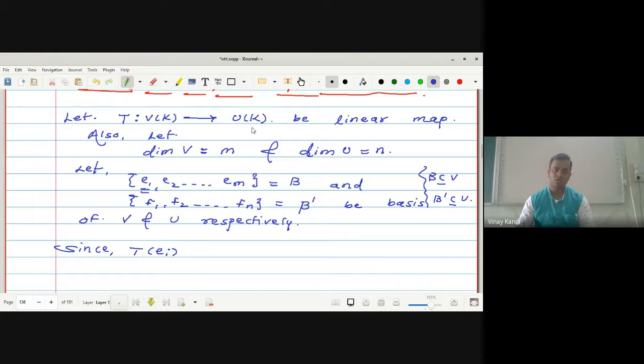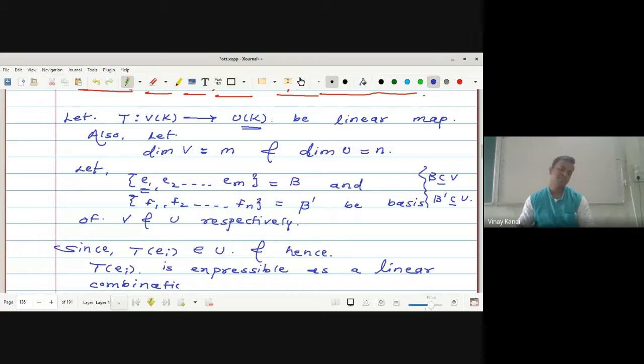This element belongs to U, the codomain, and hence T of ei is expressible as a linear combination of the elements f1, f2, up to fn. Why? Because T of ei belongs to U.